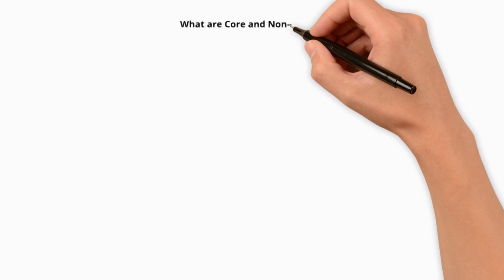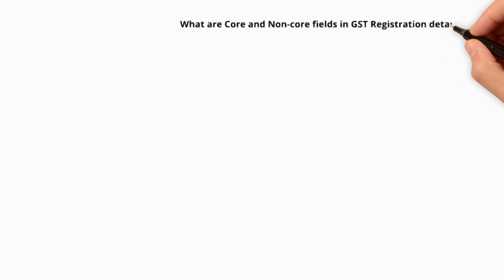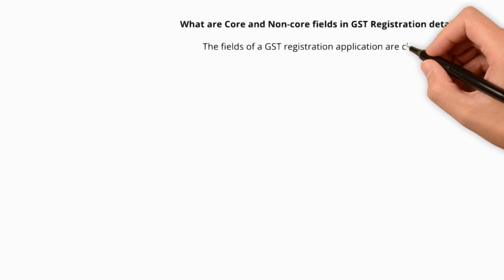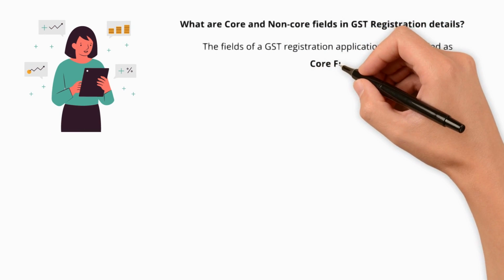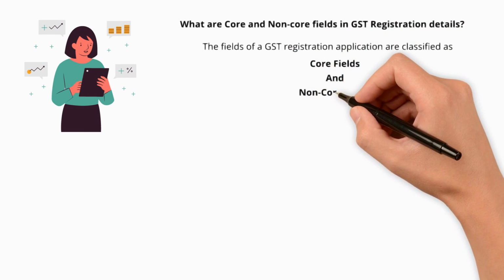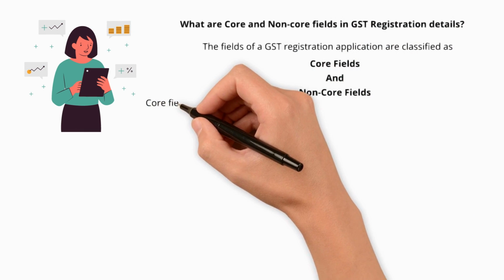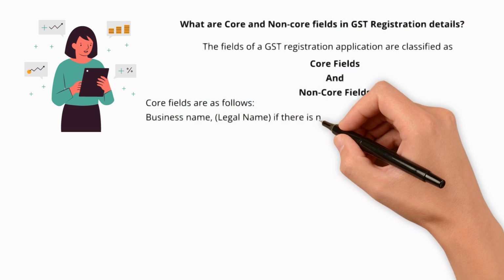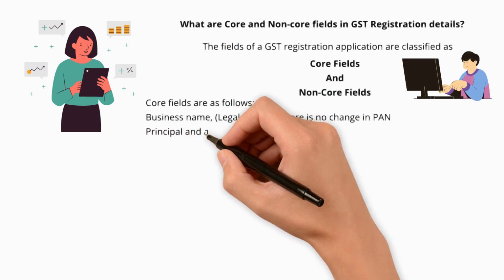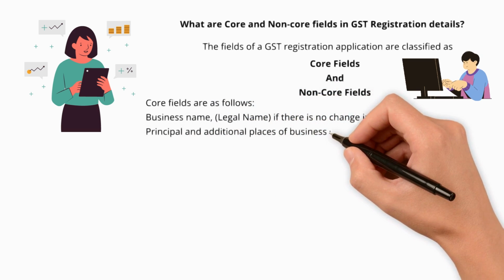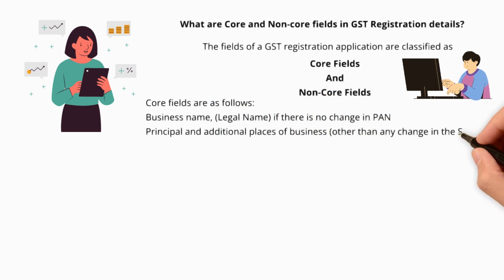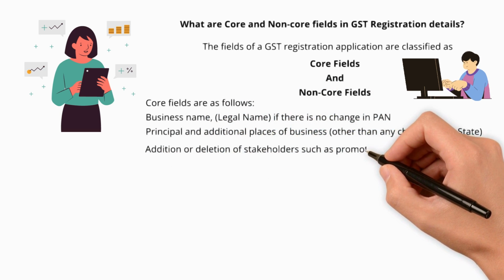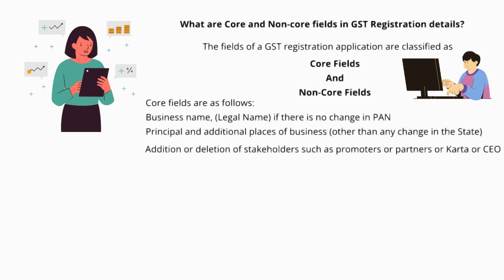What are core and non-core fields in GST registration details? The fields of a GST registration application are classified as core fields and non-core fields. Core fields are as follows: business name, legal name if there is no change in PAN, principal and additional places of business other than any change in the state, addition or deletion of stakeholders such as promoters or partners or Karta or managing committee or CEO.